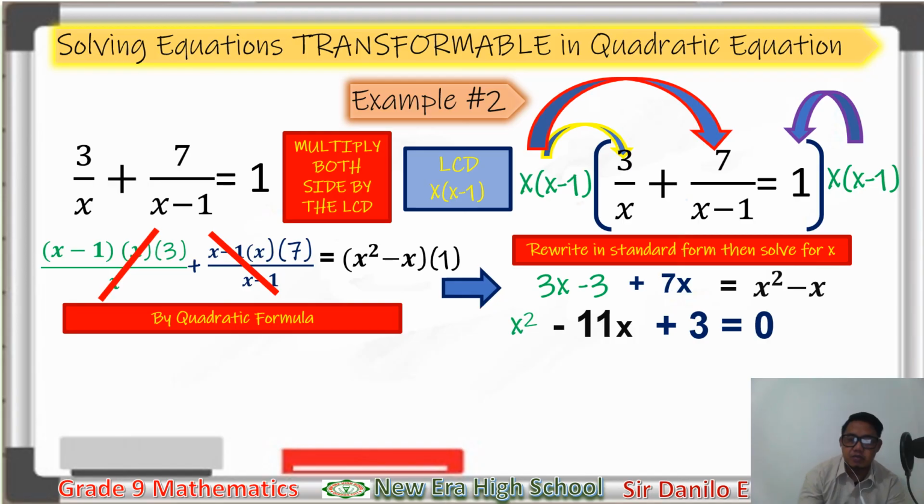Wala tayong maiisip na number na kapag binultiply natin, that's positive 3, and then kapag inad natin is negative 11. Again, no, pag factoring, dapat yung number na mapipili mong dalawang number, if you multiply, the product will be yung last term natin, and pag sinama natin, kinuha natin yung sum niya o inad natin, that's negative 11.